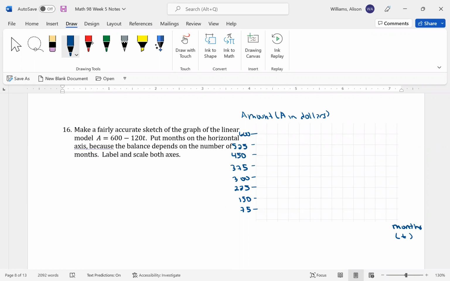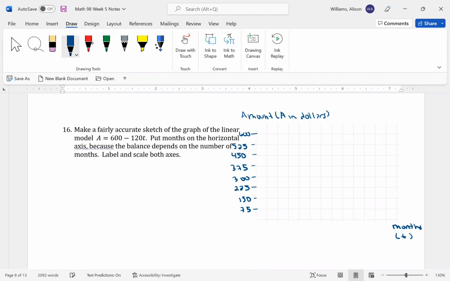That's all right. Okay, so months, I already know it's not going to go beyond 5 months, right? This thing's going to hit 0 in 5 months. I could just go 1, 2, 3, 4, 5. There'd be nothing wrong with that. But since I have the space, I kind of feel like skipping every other one.